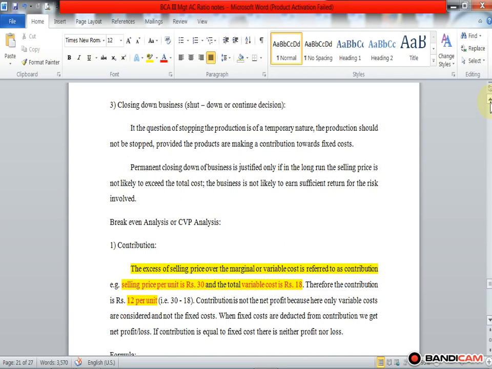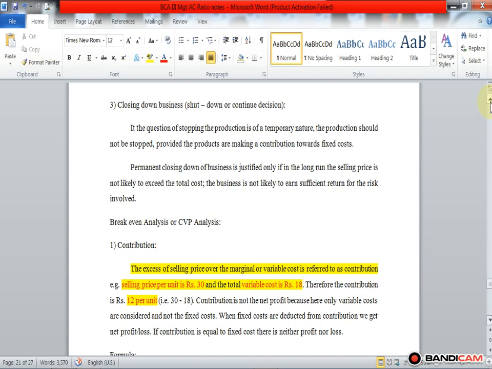If the selling price of the product does not exceed the total cost... if we produce one product, say a bathing soap, and the total cost incurred for the bathing soap is 20 rupees, and we sell it in the market for rupees 18, then the total cost exceeds the sales, so the organization does not earn a sufficient return on the product.